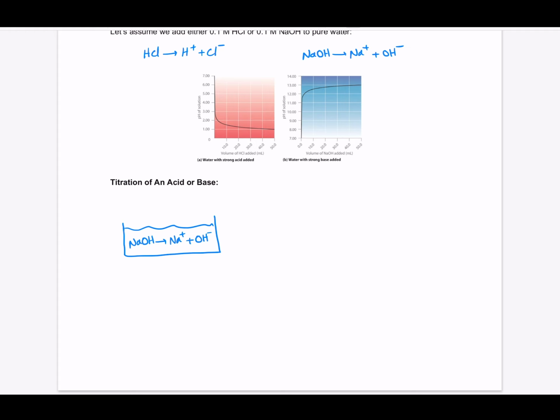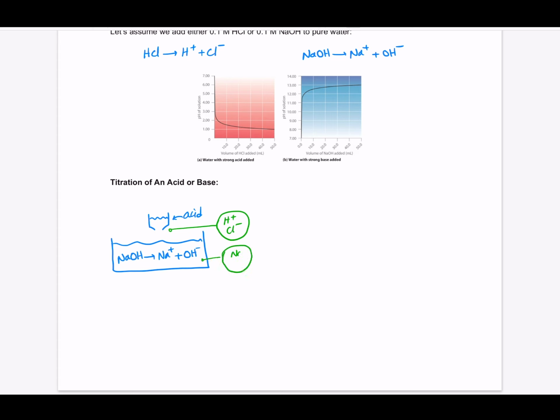And then we bring this acid and add it to the solution. This is basically HCl. So we have H plus, Cl minus, and then here we have sodium and hydroxide.